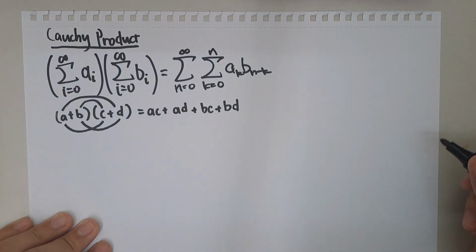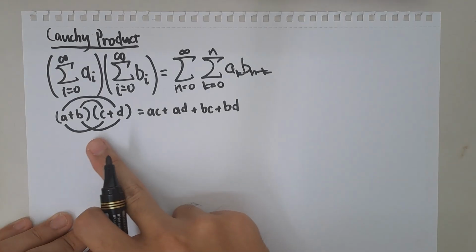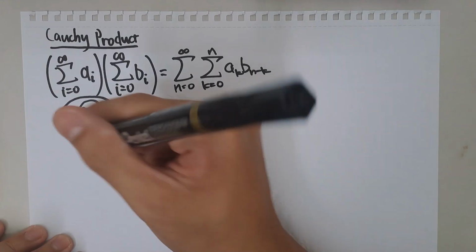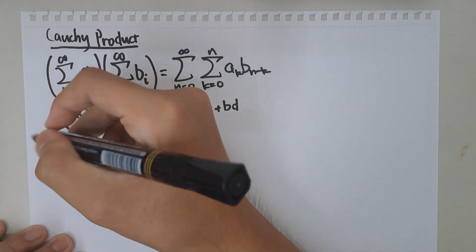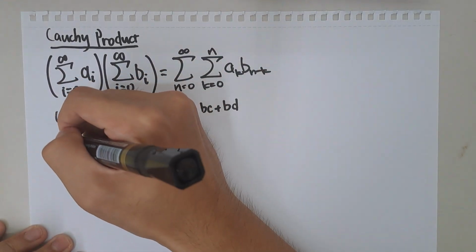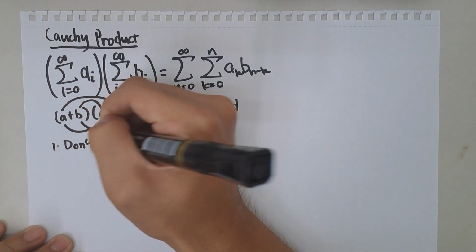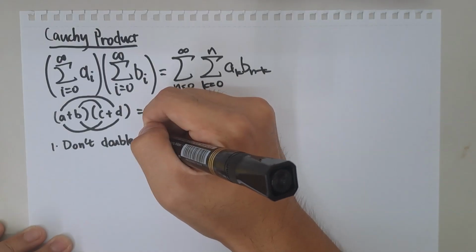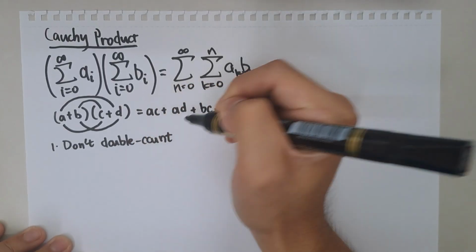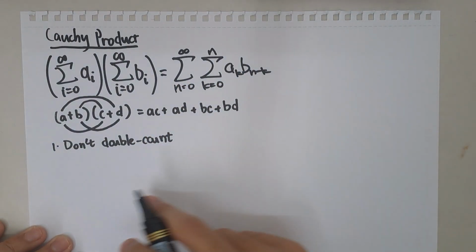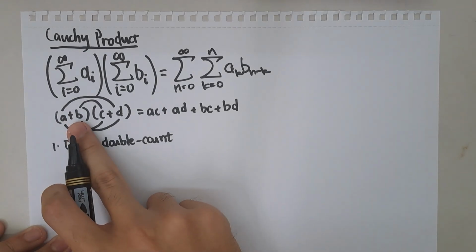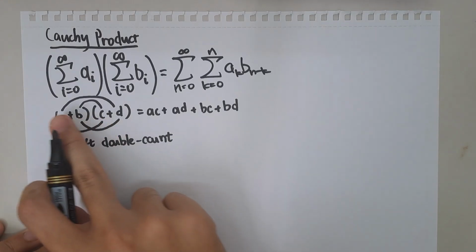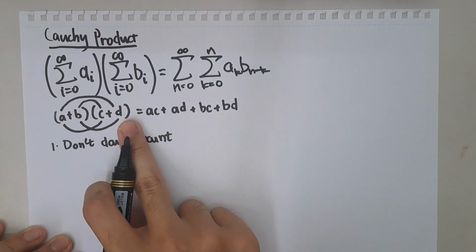So two things we want to take note of when we're doing this expansion is we don't want to double count, or count terms that shouldn't work, like a times b. That makes no sense. You should only get AC, AD, and BC, BD.